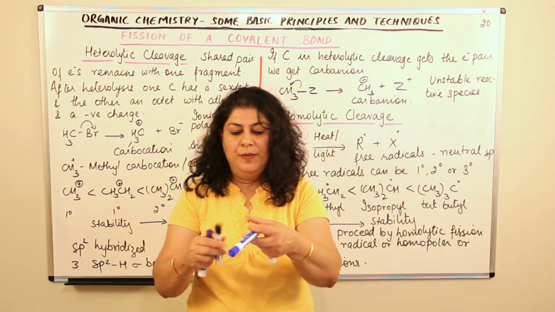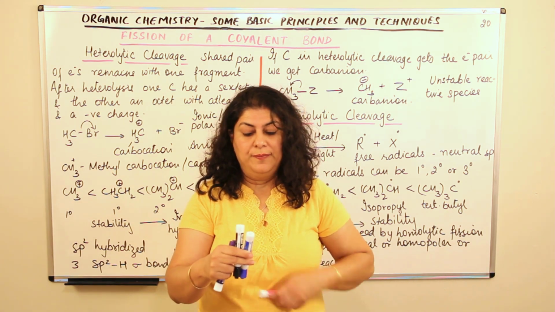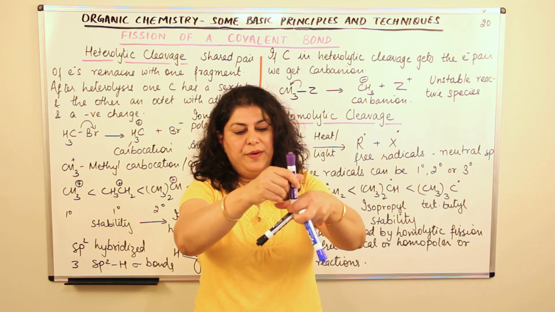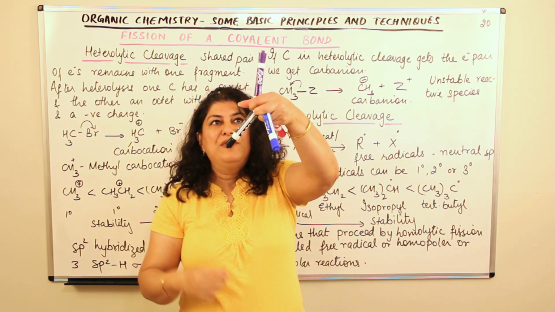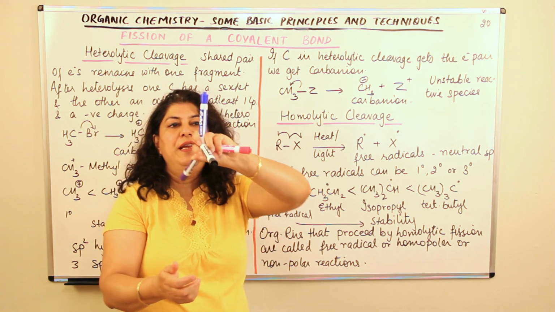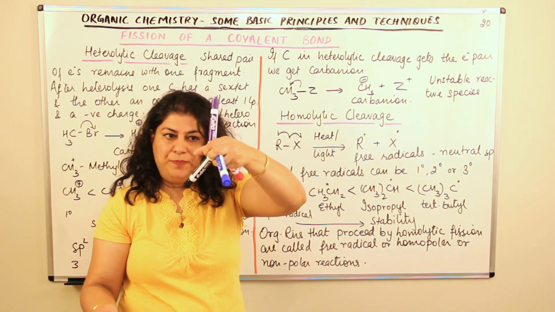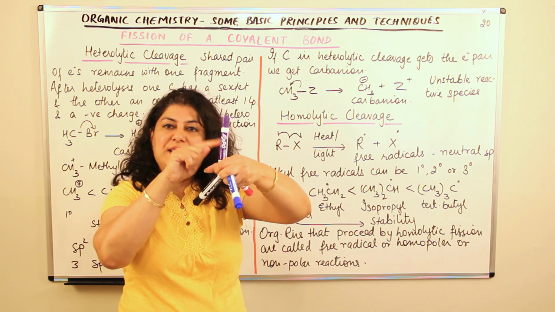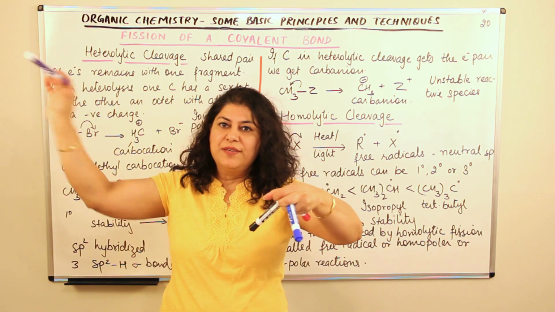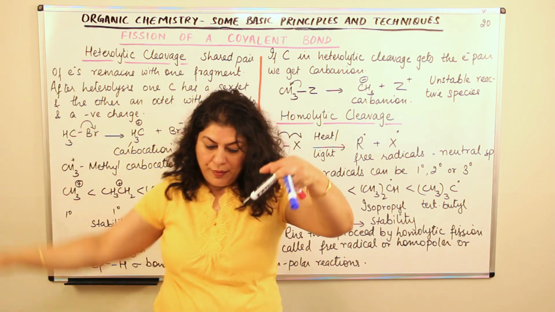Let us assume that this is the methane molecule, right? 4 bonds, 4 of them along the 4 corners of a regular tetrahedron. In any direction you have the same shape. If one of these is removed, that friend who took away the electron and went away, not only went away, took the electron away also.